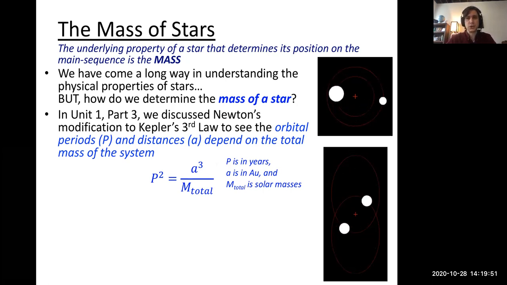I don't have enough time to go into all the hard details because it's not easy work, so you're going to have to trust me on this one. But through observations of these stars, really high precision positions of these stars, we can actually determine the period and the semi-major axis. That's really rare and kind of hard to do. So normally we rely on spectroscopic means, where we determine the motion towards and away as these stars orbit around. We use things like the Doppler shift to infer what the period and semi-major axes are.